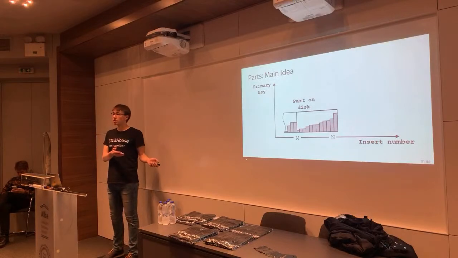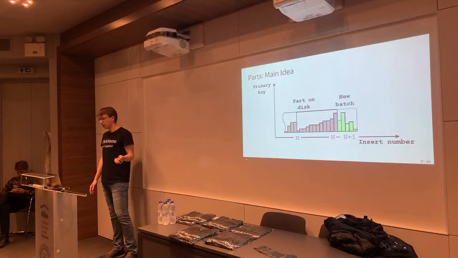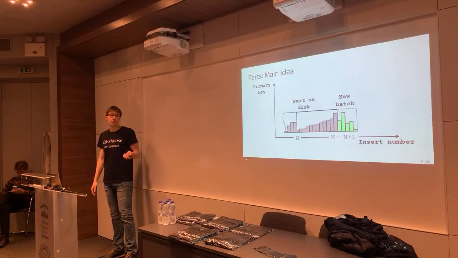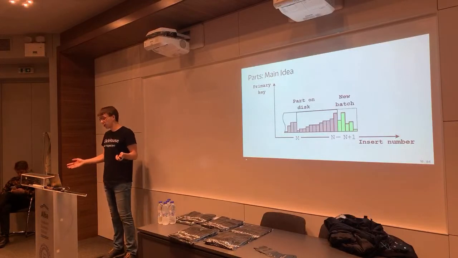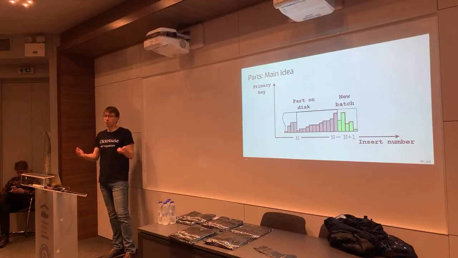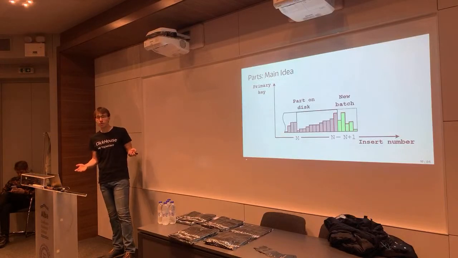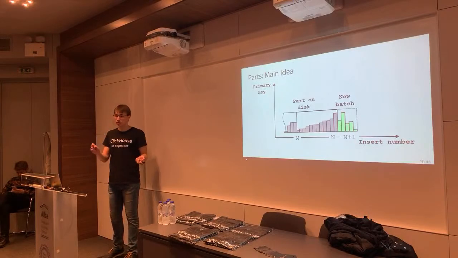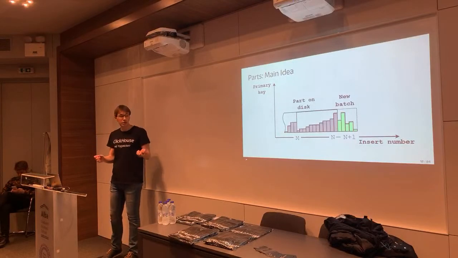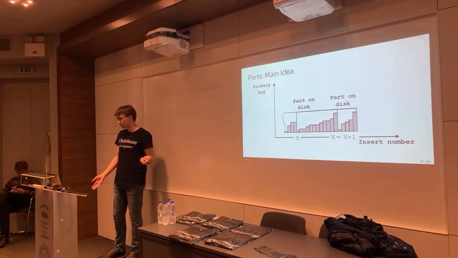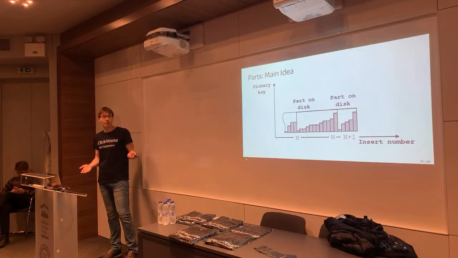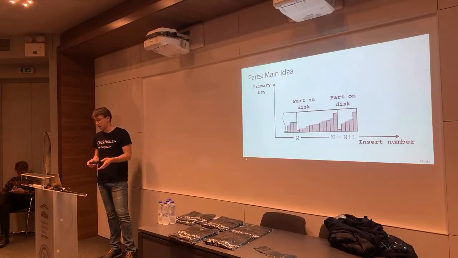So we have some parts on disk, they are already ordered, and at some moment we decide that we want to insert a new batch of data, so we will create a new part. And of course, this part is not ordered in our primary key order, but this data is quite small. It is just one batch. We can easily sort it in memory, and after that, we can write this data to disk in sorted order. And this is how MergeTree writes data to disk.